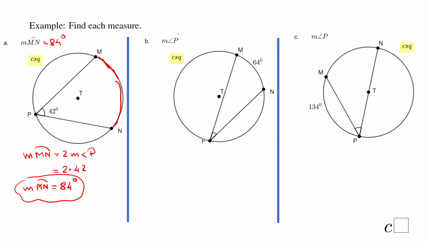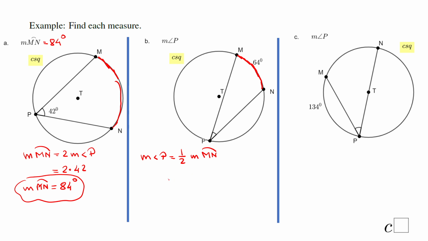Let's take a look at part B, where we have to find the measure of angle P. What do we notice here? This arc is given to us, it's 64 degrees, so we're going to use that. The inscribed angle is 1/2 of the measure of arc MN, the intercept arc.